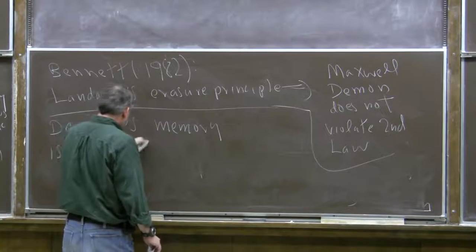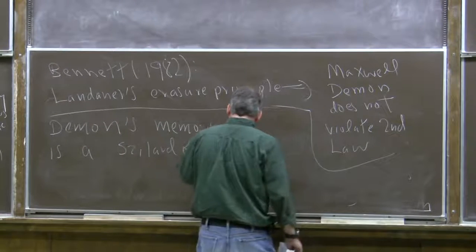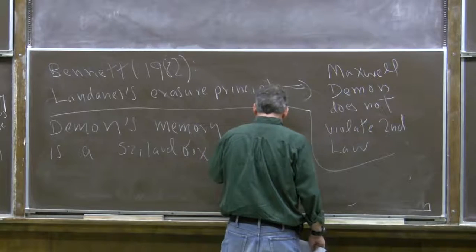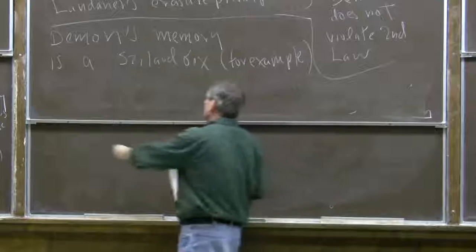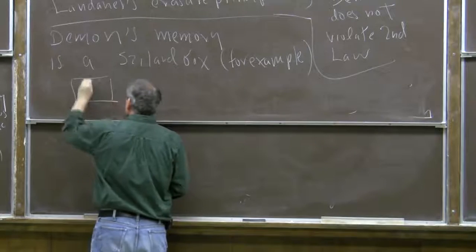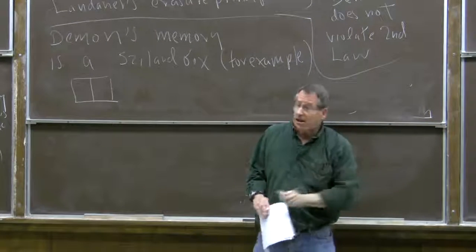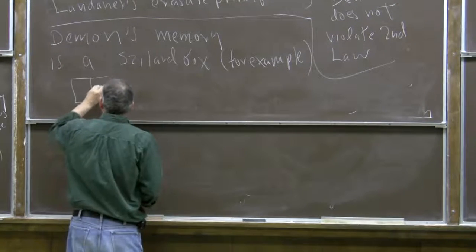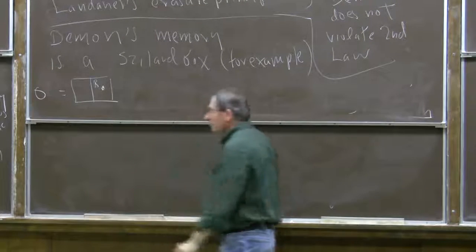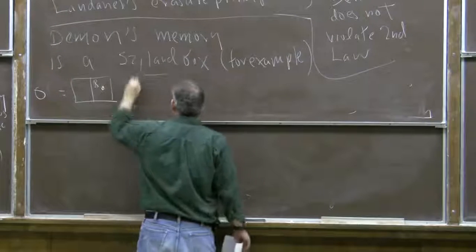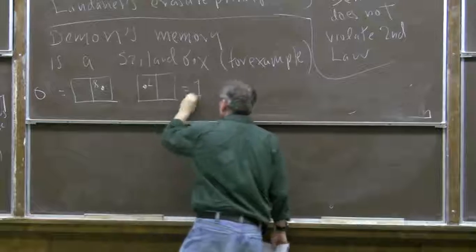It's a Szilard box. But the argument would apply to any model. When the demon wants to record a bit, he puts a molecule in a box. The box is divided into two parts. He either puts a molecule on the right side, let's say, and he calls that storing a 0, or he puts the molecule on the left side, and he calls that 1.